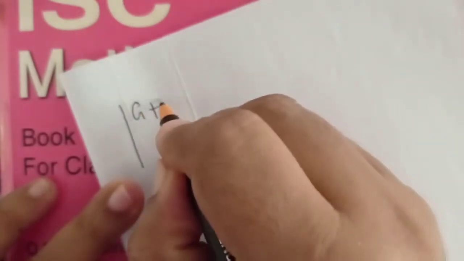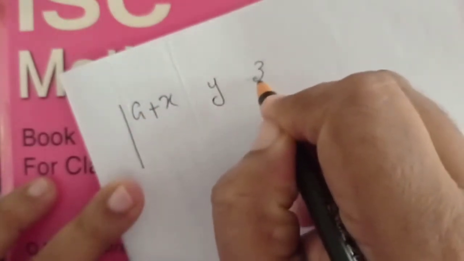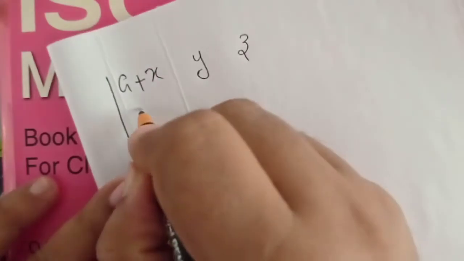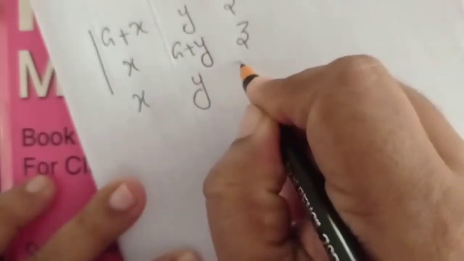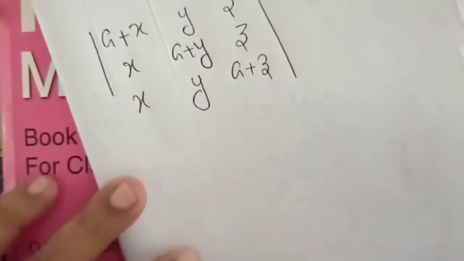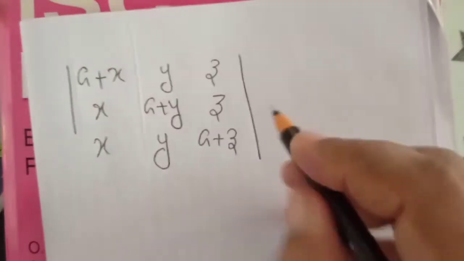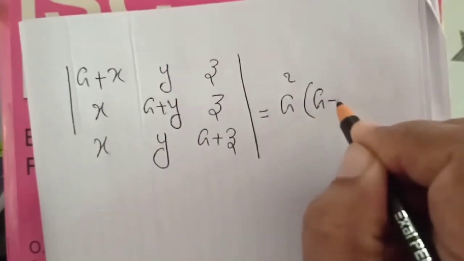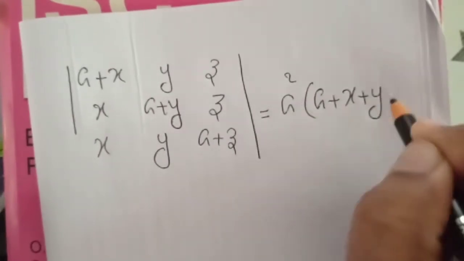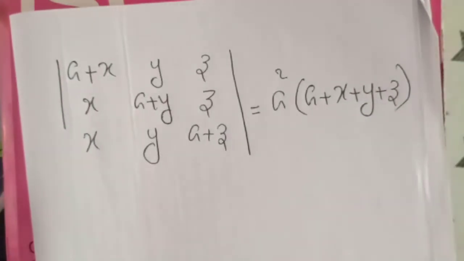Using the property, prove the determinant a plus x, y, z; x, a plus y, z; and x, y, a plus z. This determinant equals a square into a plus x plus y plus z. Copy the question.